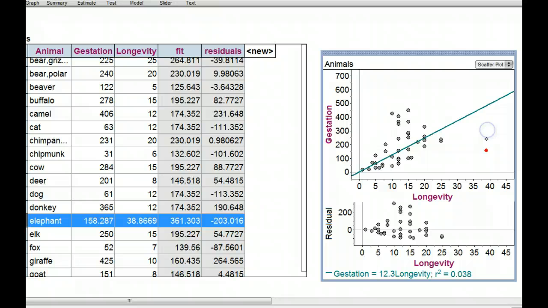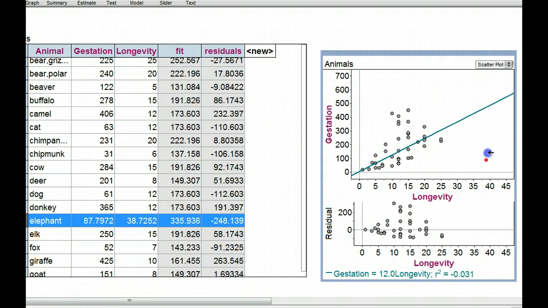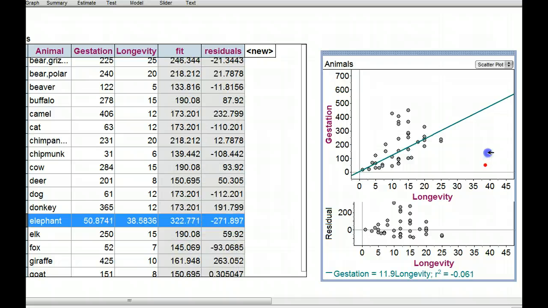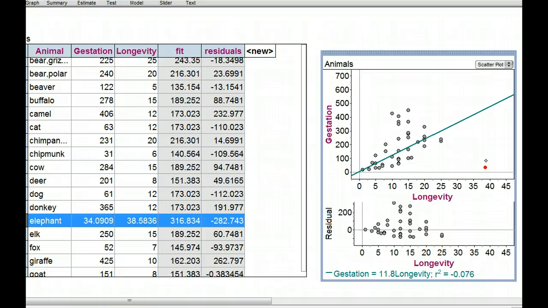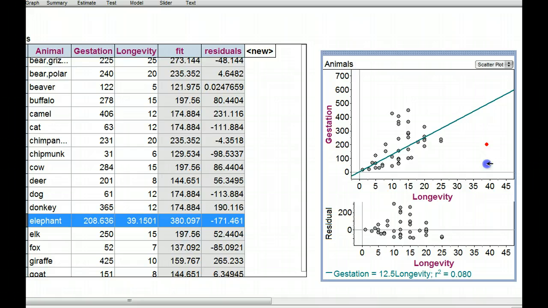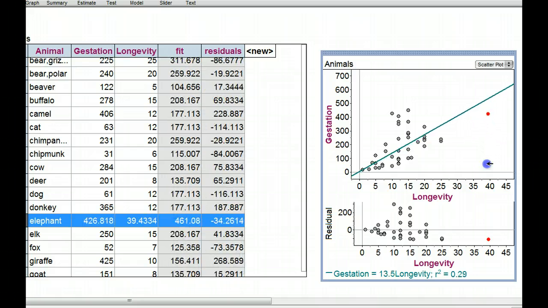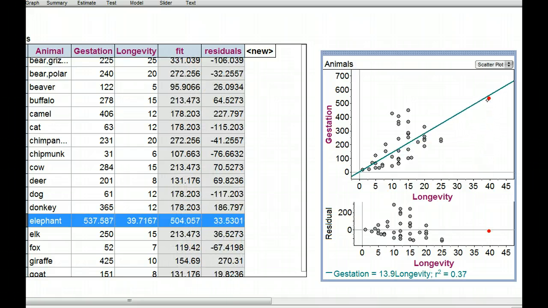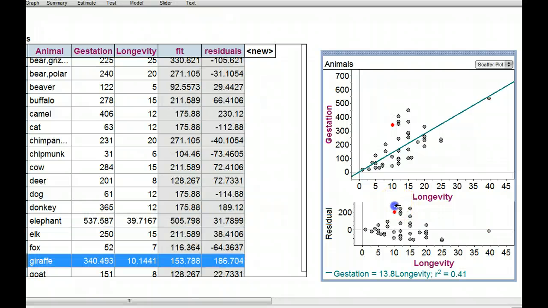Okay, it's changing a little bit. How does the least squares line react? Well, the slope is going down, right? Compare this to how the line changes when a point, like the giraffe, is moved up and down. So I guess we'll put the elephant back, right? And let's move the giraffe. See?